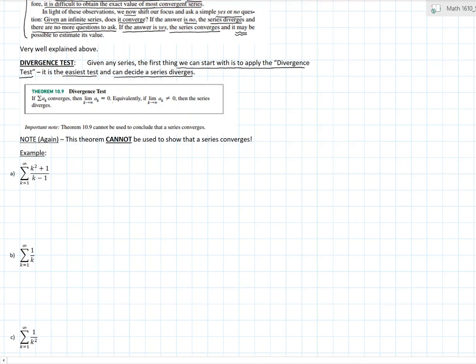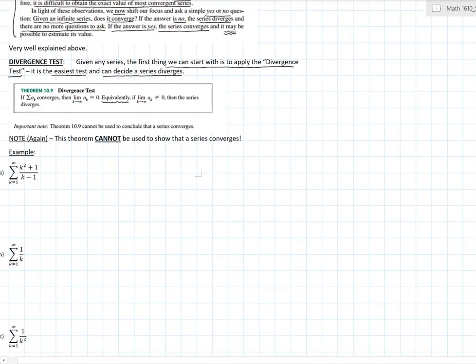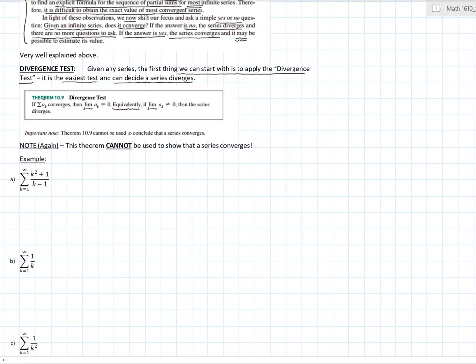It's explained in two ways. Both these statements are equivalent. The first one says if a series converges, then the limit of the sequence of the terms is 0.